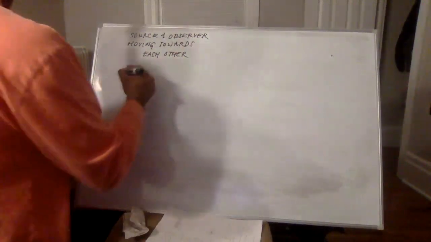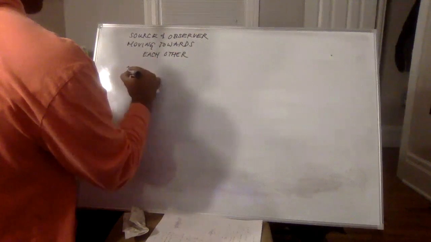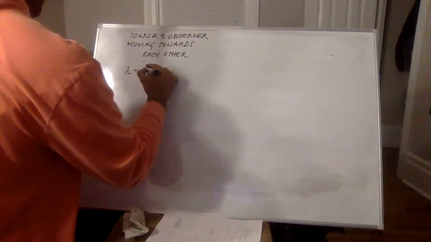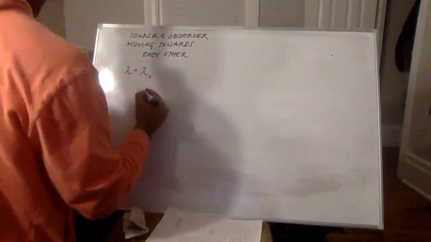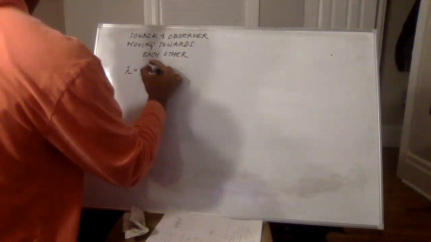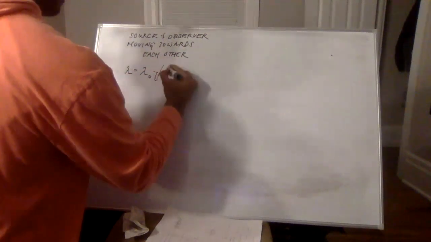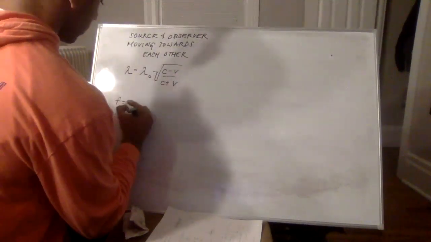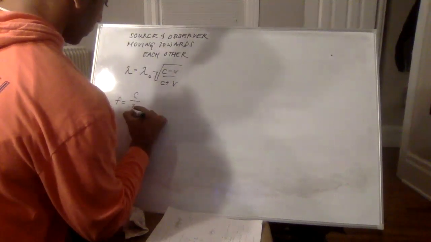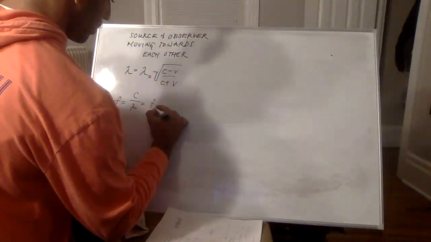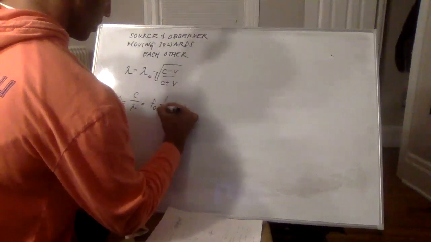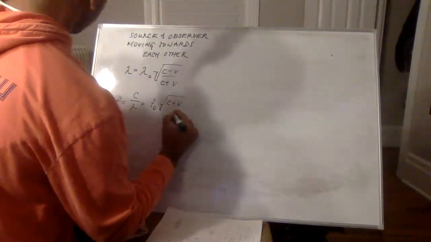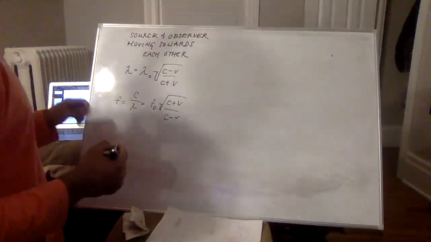We have our lambda equals lambda naught times the square root of (C minus V) over (C plus V), and our frequency is equal to C over lambda, equals F prime, square root of (C plus V) over (C minus V). So what do these things mean?